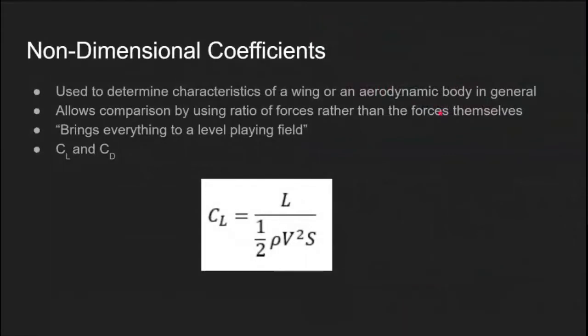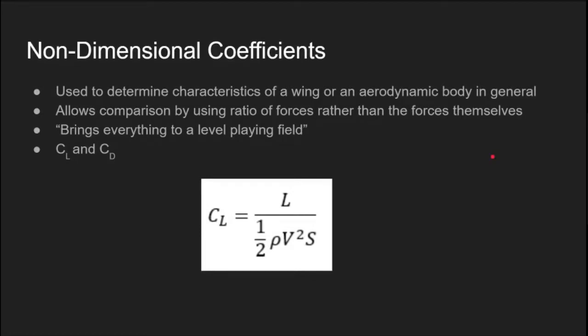So in aerodynamics in general, we use non-dimensional coefficients to compare between a lot of things. And these are used to determine the characteristics of an actual wing or body in general. Aerodynamic coefficients allow comparison between different objects, right? Different sized objects, different environmental operating conditions, different speeds.